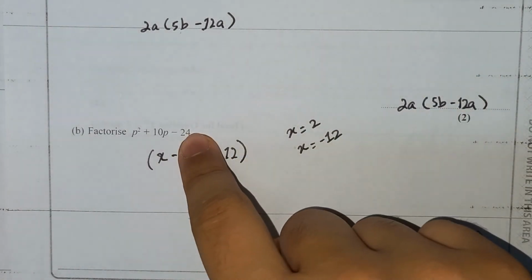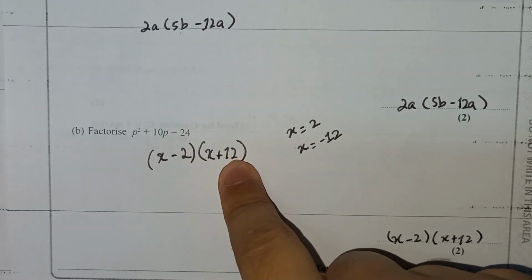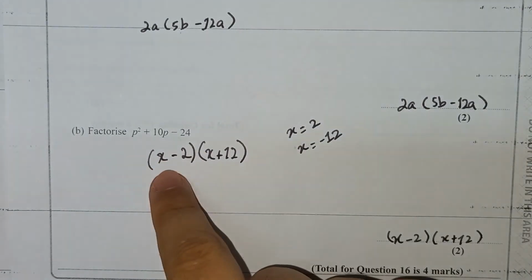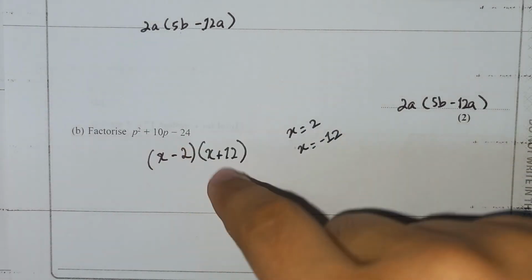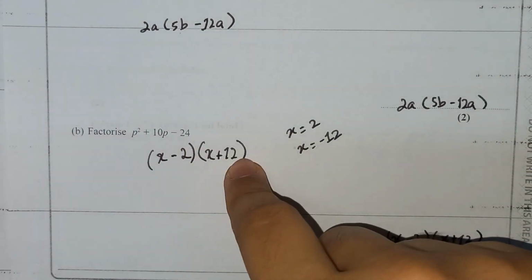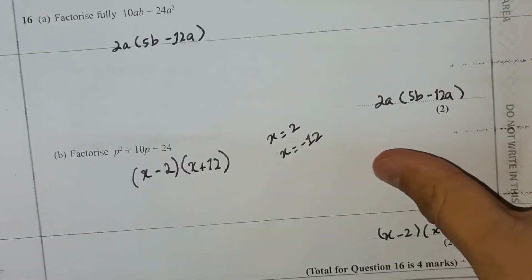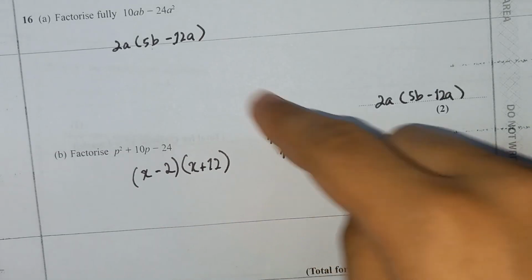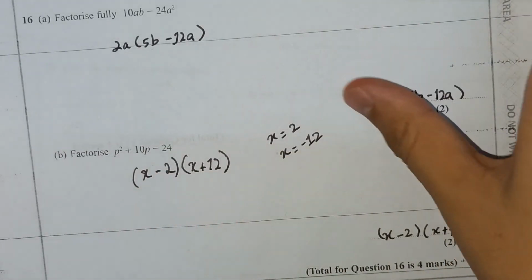But if you multiply, you cannot get minus 24. So minus 2 and plus 12 were used. If you multiply minus 2 with 12, you get minus 24, and if you add both of them, you get 10. Following that method, you will ultimately get this.